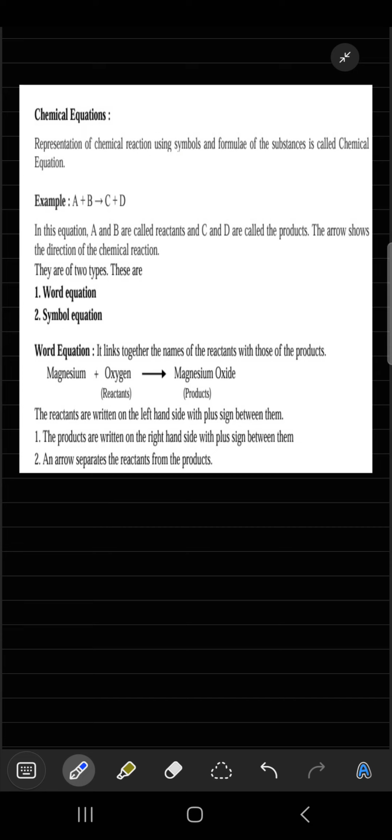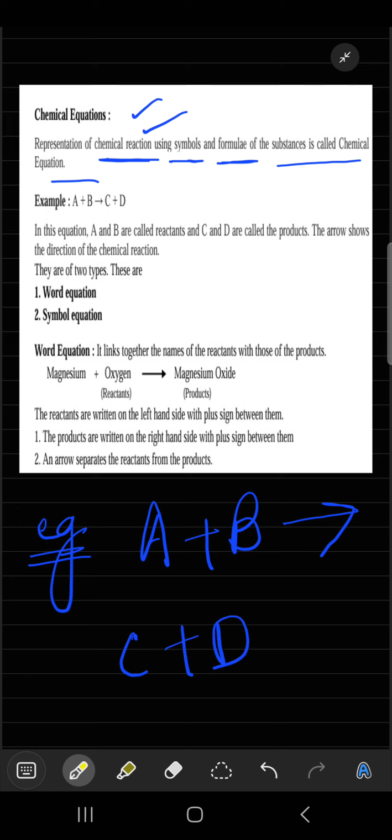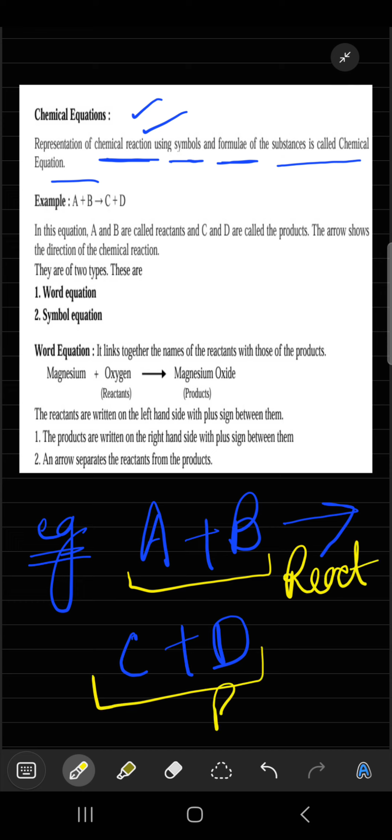The second is, what is a chemical equation? The representation of a chemical reaction using symbols and formulae of a substance is called a chemical equation. For example, when A plus B reacts, what we get is C plus D. Here A and B are the reactants and C plus D is the product.